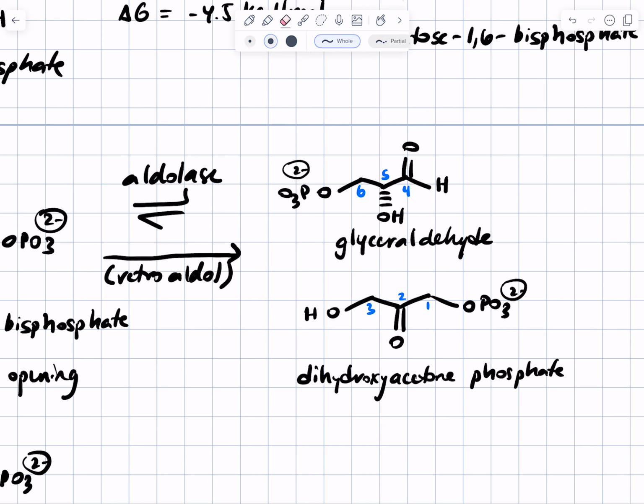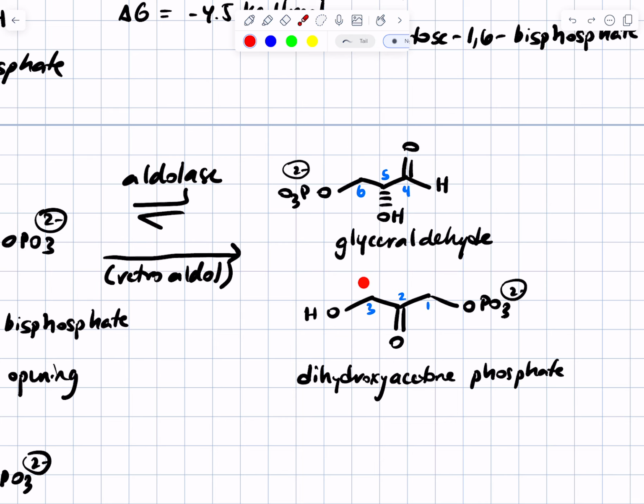Glucose had an aldehyde on C1, fructose had a ketone on C2, and we were able to interconvert them via an enediol intermediate. Similarly, glyceraldehyde has an aldehyde on C1 or C4, whatever you want to call it, and dihydroxyacetone phosphate has a ketone on C2. We can also interconvert these via an enediol intermediate.